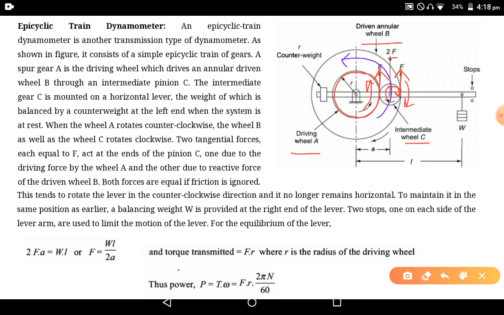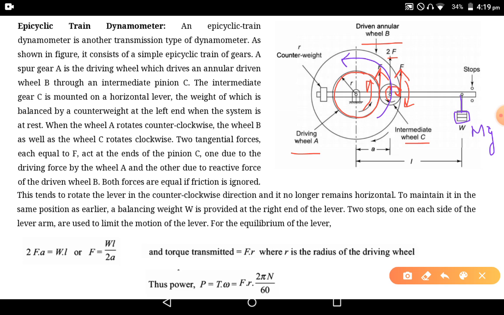So you have to balance. In order to measure the power being transmitted, you have to keep this lever horizontal like in the previous case. So what we do, we put some weight, and by measuring that weight we can measure the power being transmitted.